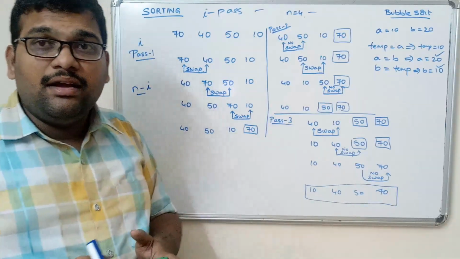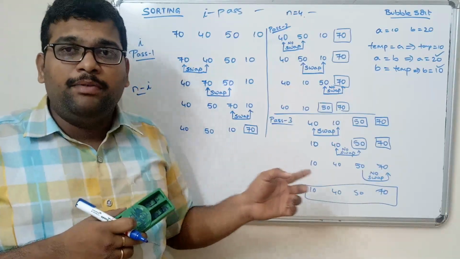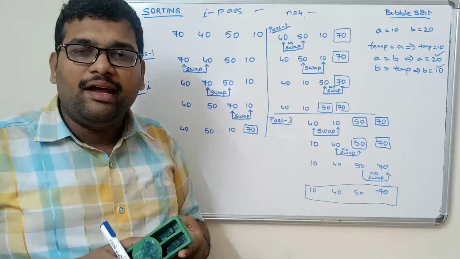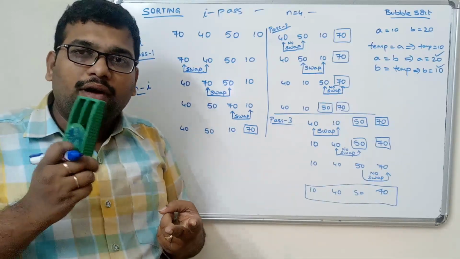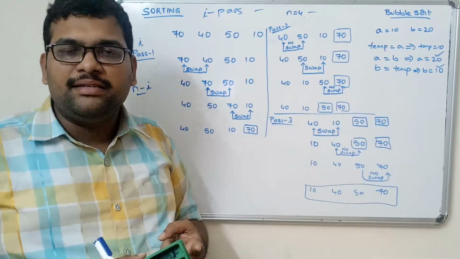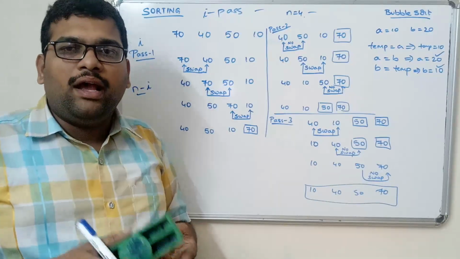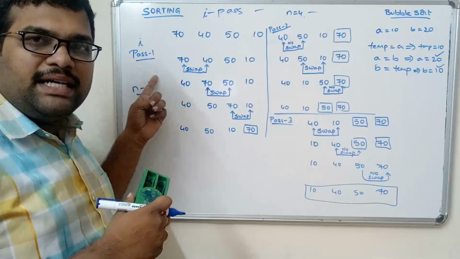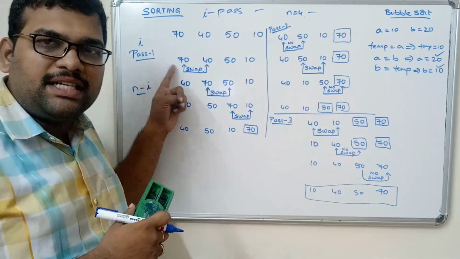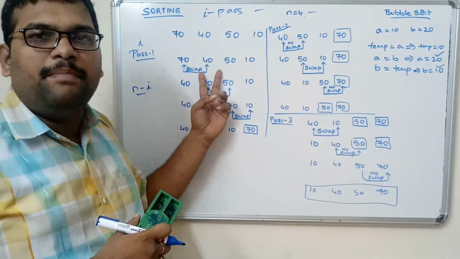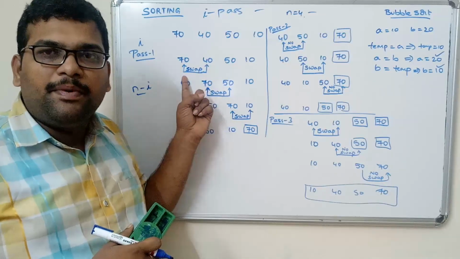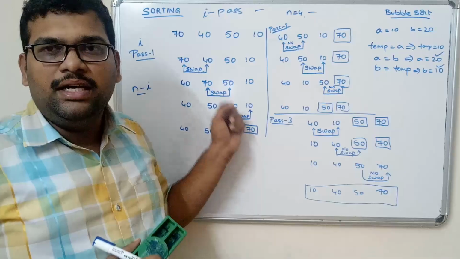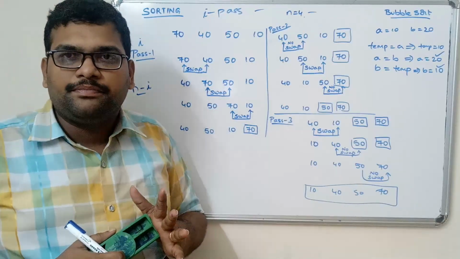In order to implement this bubble sort, first we have to read the size of an array, then read the n elements, and then perform the bubble sort. That means the outer loop is for passes, and the inner loop is for comparisons. If the previous element is greater than the next element, we have to perform the swapping procedure.